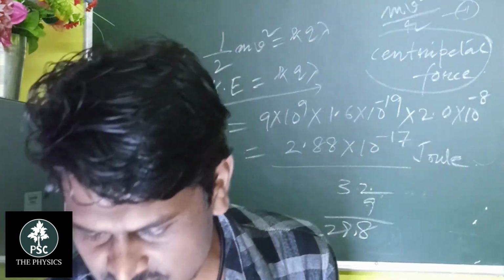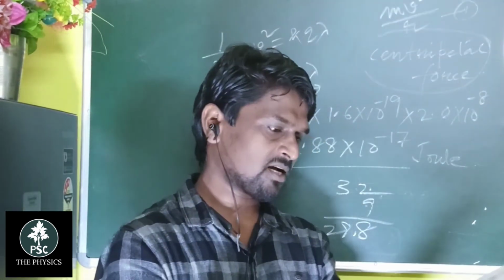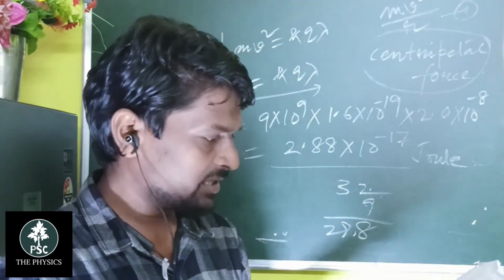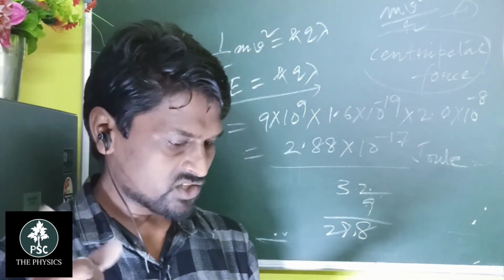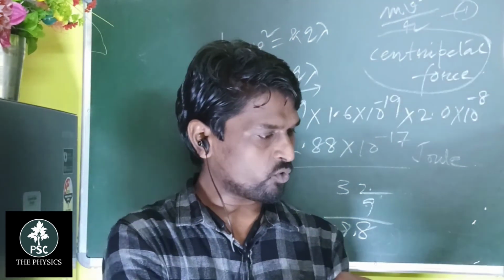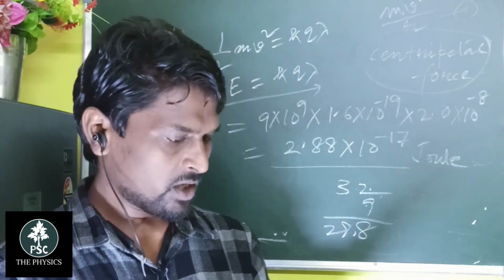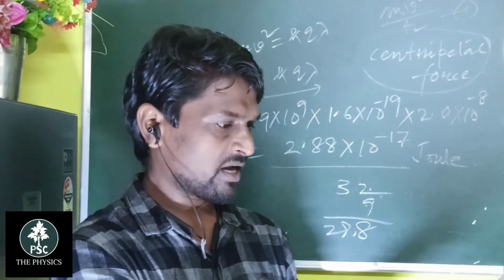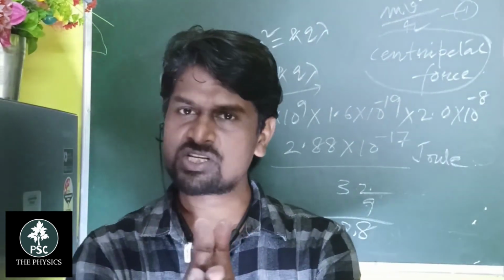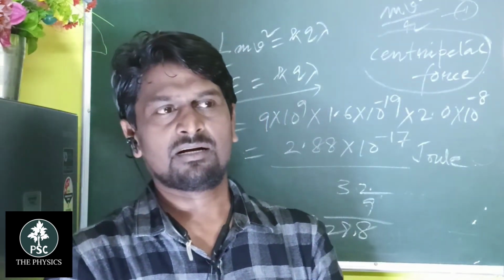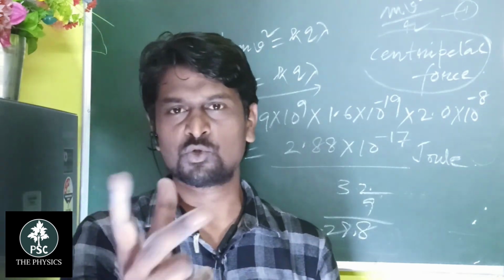So all the numericals, students, question number 13, question number 14 and question number 15 are completed, and there are still questions up to number 24. So there are 9 questions left, and I will solve all the numericals within 2 or 3 days.